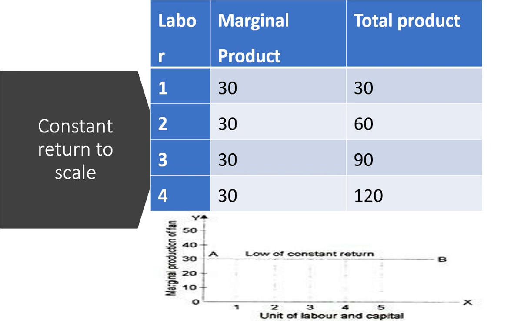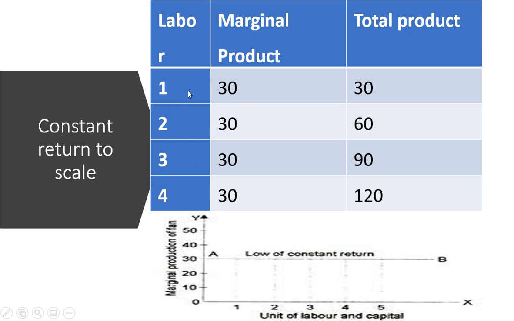Now let's discuss the table and graph for constant returns to scale. The first column is showing the number of laborers. The second column is showing the marginal product of each individual laborer, and the third column is showing the total product by hiring all the laborers.